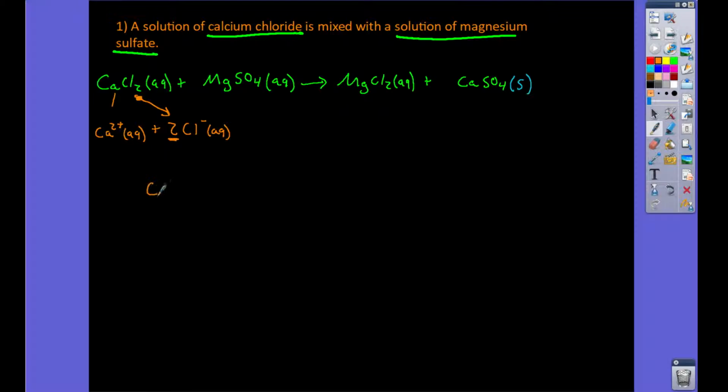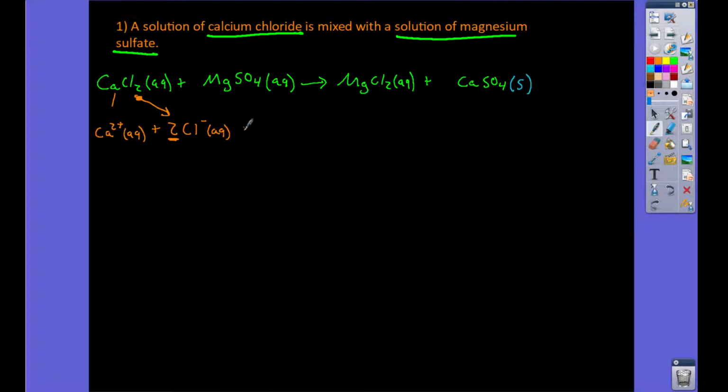If I put this as Cl2 minus, this is implying that you have 2 chlorines that are bonded together that have an overall charge of 1 minus, and that's not the case here. We have 2 separate chlorine ions, so that's why we would put the 2 out in front to represent that each of them has a 1 minus charge and that they are their own separate entities. Okay.